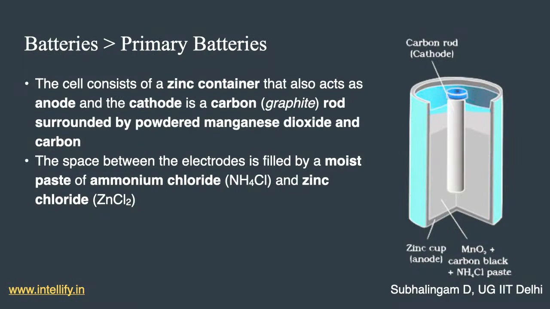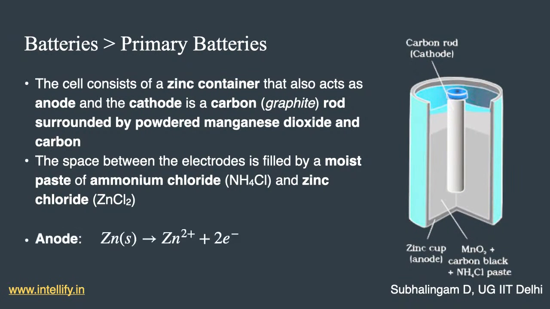So this is how the cell looks, a rough sketch. We have a zinc cap, that is anode, and MnO2 plus carbon black plus NH4Cl paste, and a carbon rod as cathode. By the way, the image colors are inverted so that it looks nice on the dark background. In the book it may look different, but it's the same image and it doesn't really matter.